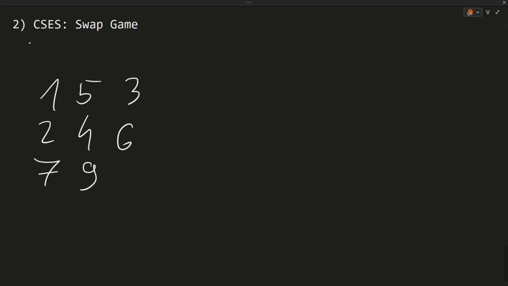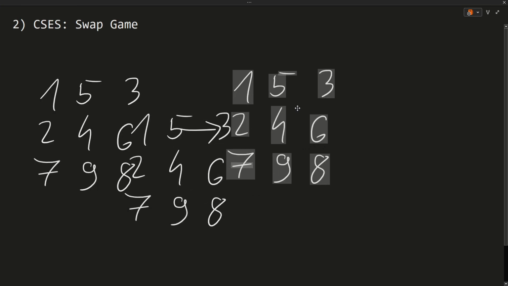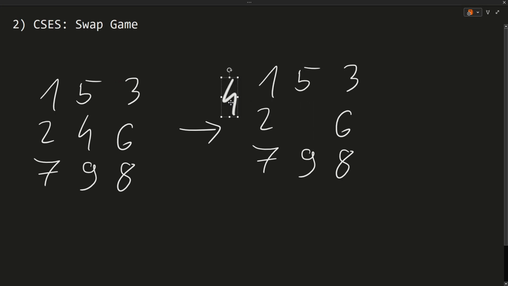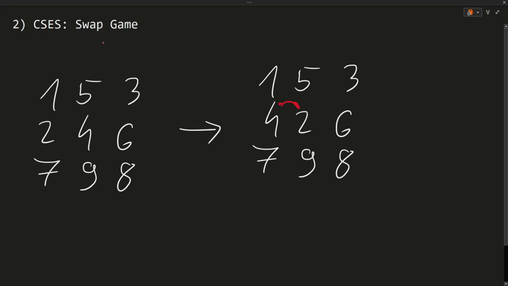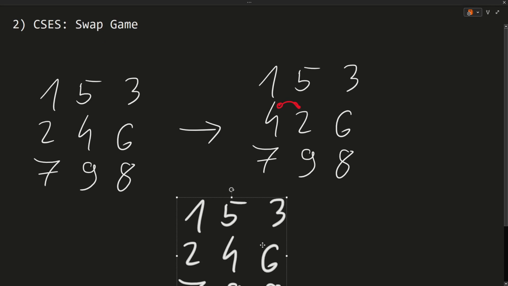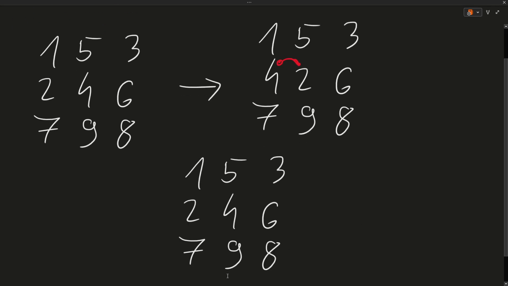But always, this is the current grid, let's say. And you can do different moves. From this you can make a copy, and let's say 4 can be swapped with 2. That's one example. I swapped those 2. But also I can swap, what else can I swap? 2 with 7.